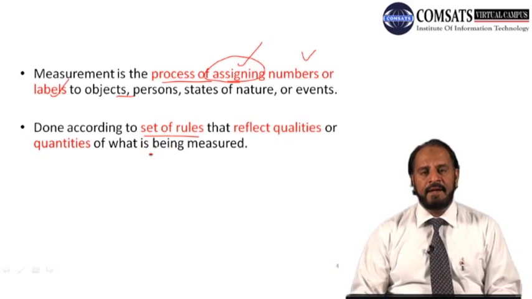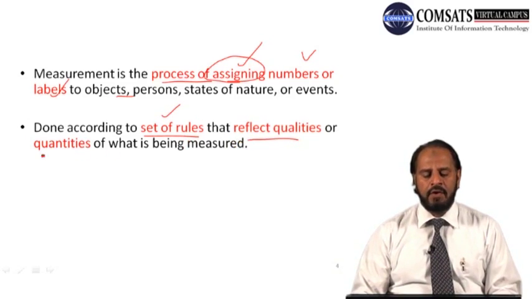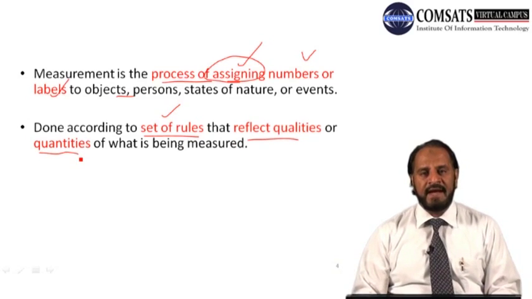We need to define certain rules, because at a later stage, if we don't have a specific set of rules, we cannot compare the responses with each other. So we need to make sure we define certain rules which reflect qualities or quantities in whatever the scenario is.